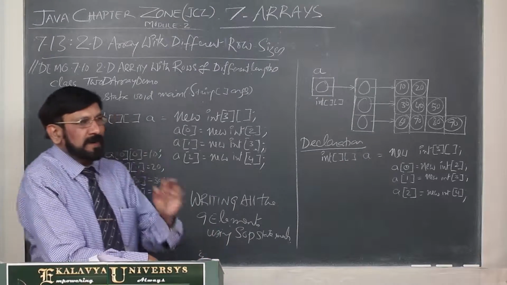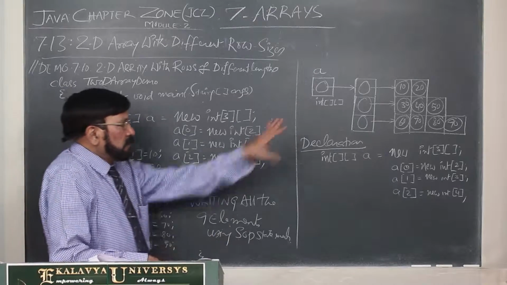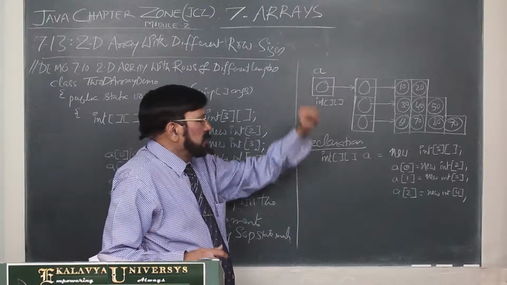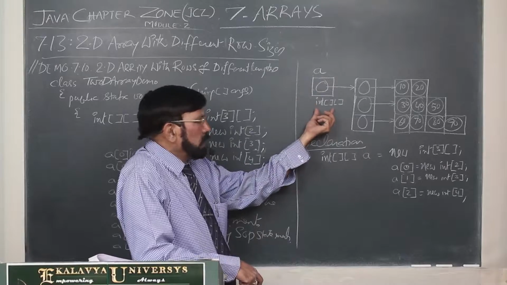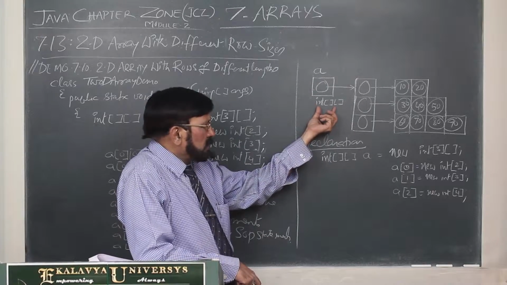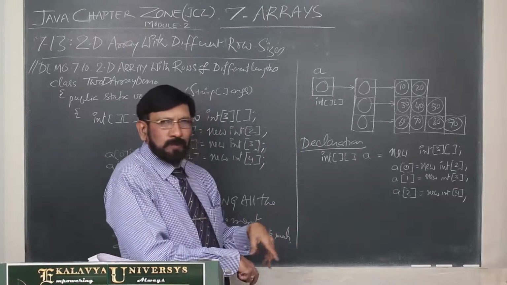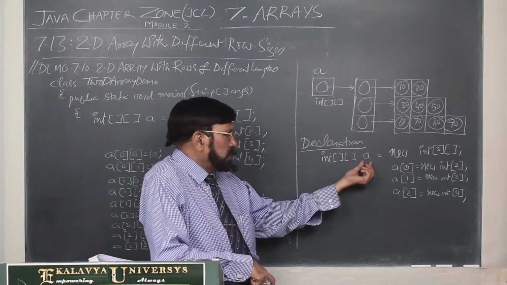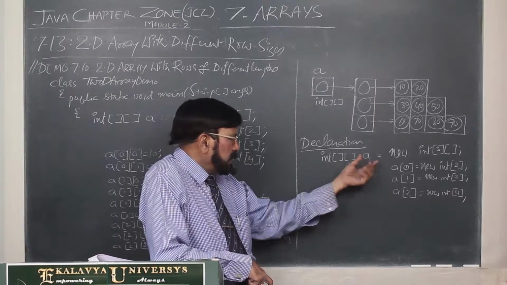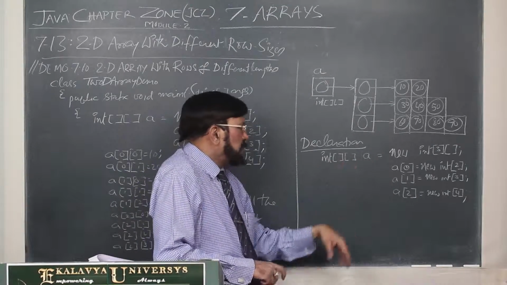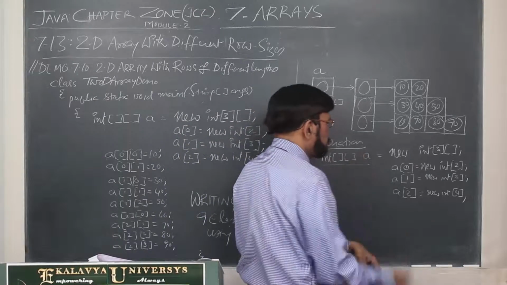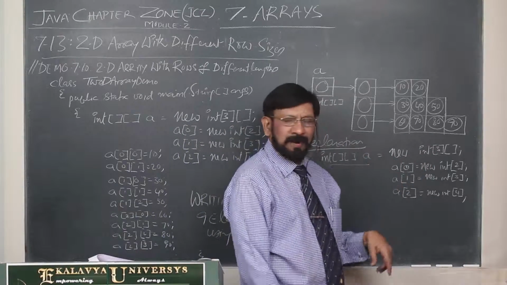So we have to learn a different type of syntax. First see this figure, and we have to build the two-dimensional array. I will show you the declaration model. Now the name of the array is A, and this part is the same. There is no difference. Now go to the other part.